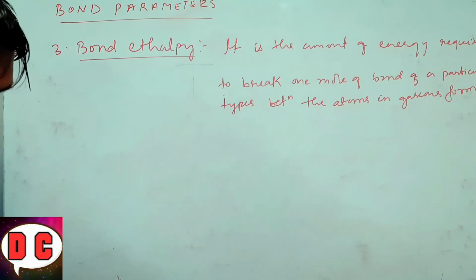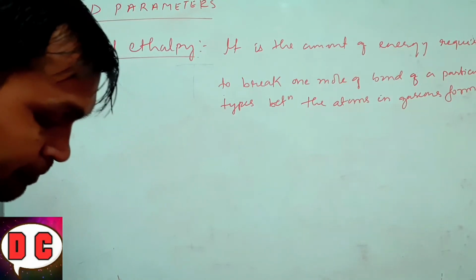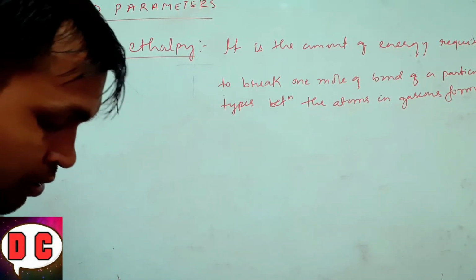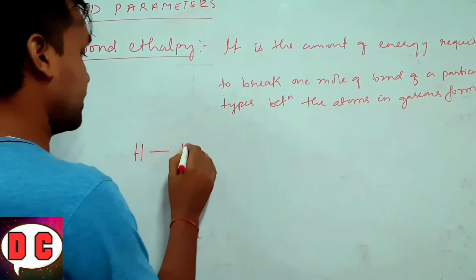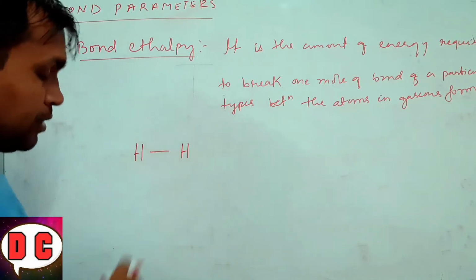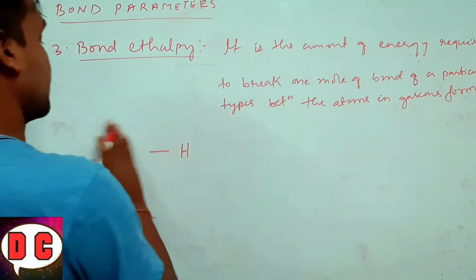In a simple way you can understand this. For example, take H and H, these two hydrogens, the H2 molecule. In this H2 molecule, they are in the gaseous form.